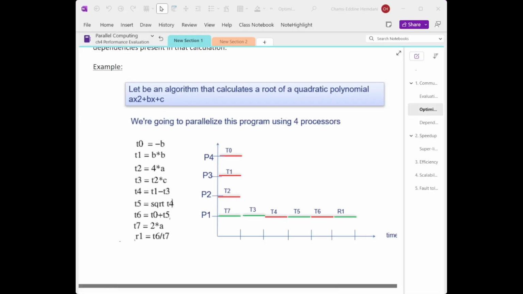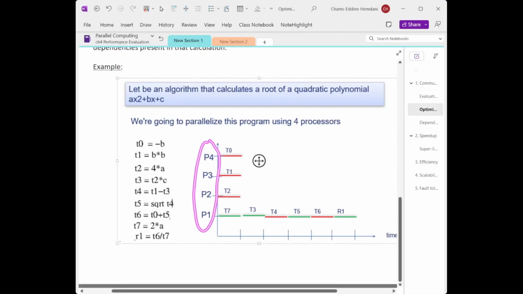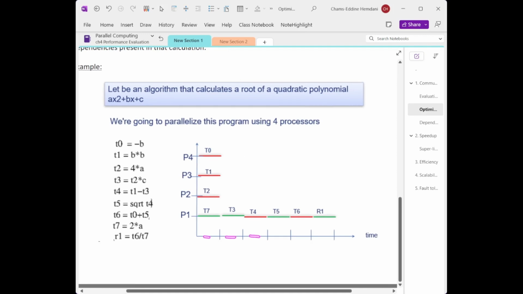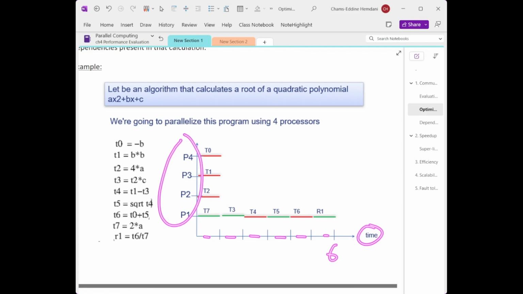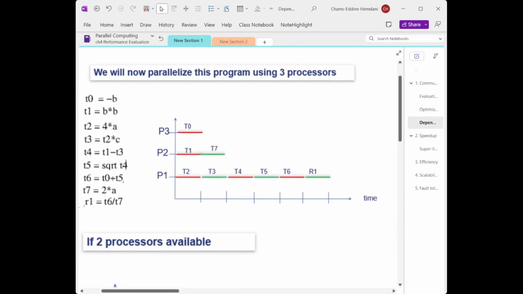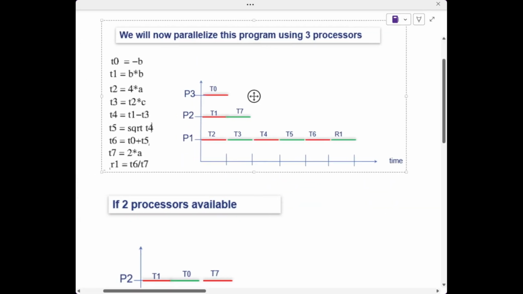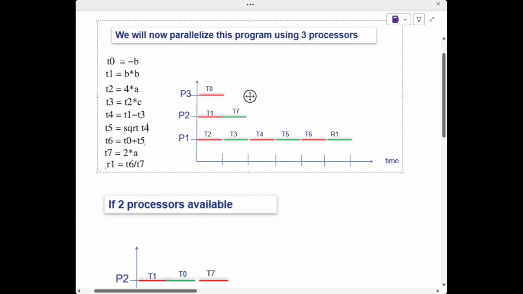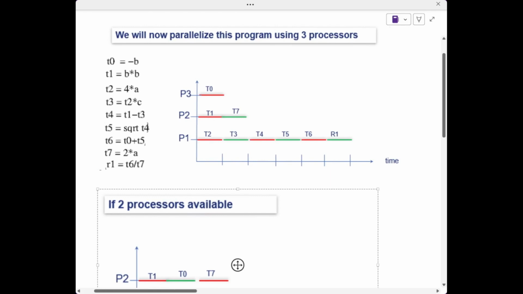Here we used 4 processors and found 1 2 3 4 5 6 units of time with 4 processors. What if we use only 3 processors? Let's use 3 processors here and try to find the optimal time.